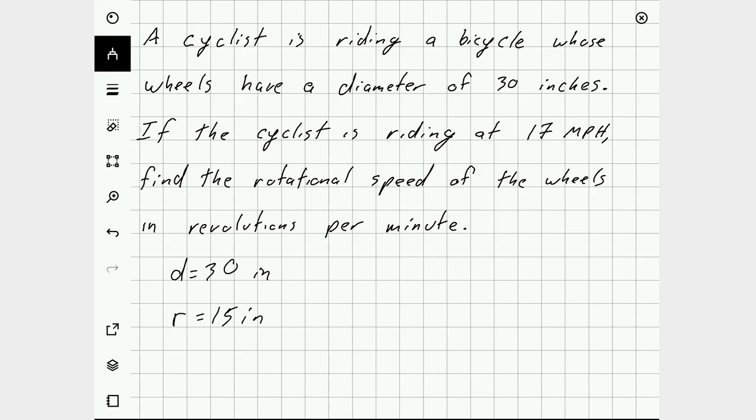We have that our linear speed, v, is 17, and that's in miles per hour. And it's the angular speed omega that we're looking for. And we need our angular speed to be in revolutions per minute.